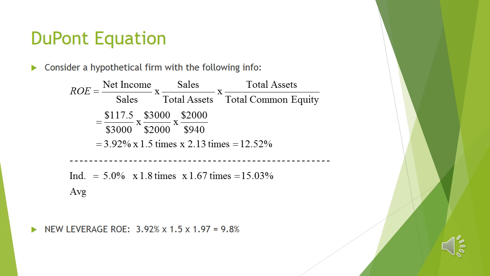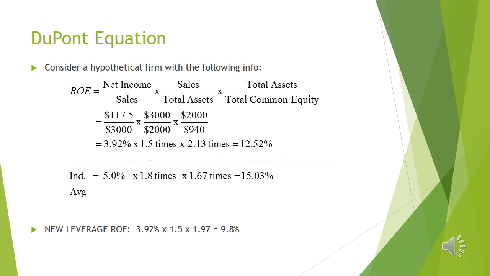So we multiply this 5.9% by the equity multiplier, which is 2.13 times in this case, to get a return on equity of 12.52%. Think of the equity multiplier as the adjustment factor, which basically tells you of a firm's assets, how much are financed through debt, how much through equity, and hence its importance in determining the return on equity. There's a little bit more discussion about this at the end of this video.